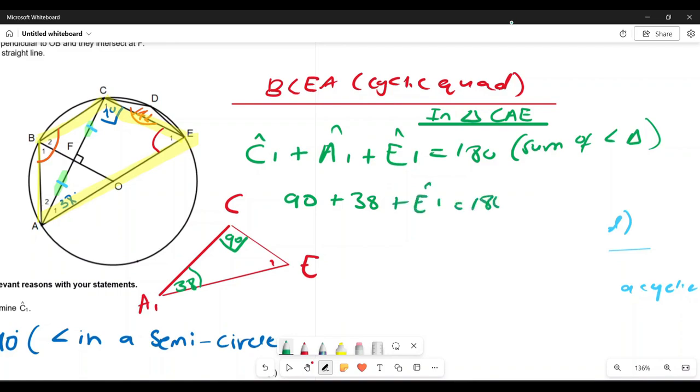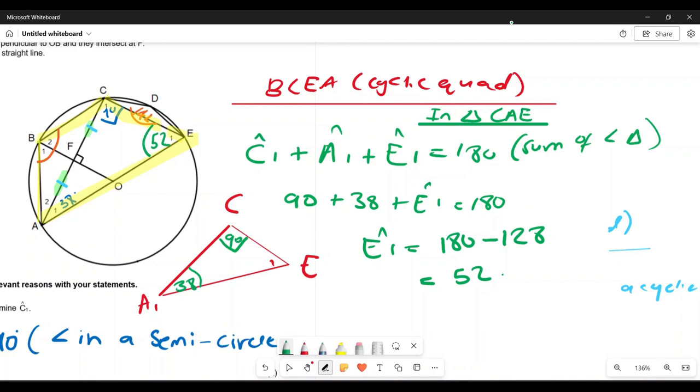As a result, 90 plus 38 is equal to 128. Now 180 minus 128 is equal to my angle E1, which is equal to 52. So I know that this angle right over here, E1, is 52 degrees.